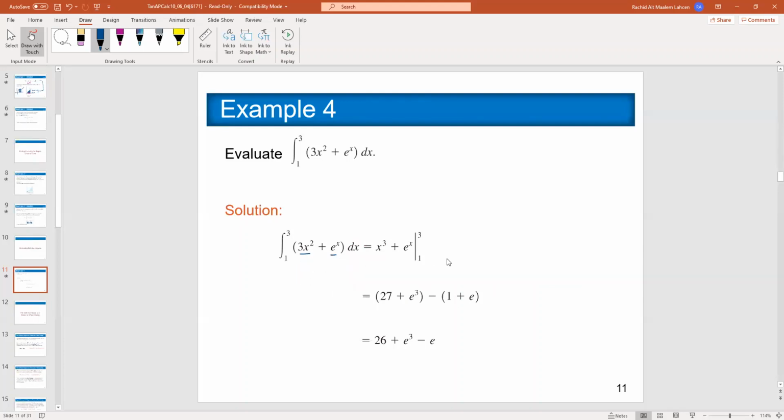This one is e to the x, so we will substitute 3, and we will substitute 1, and that's the integral, or the area under the curve.